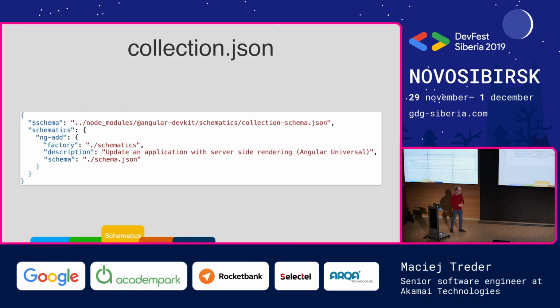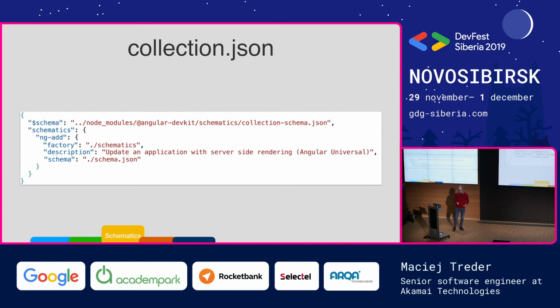This file combines together information about all the CLI commands which you take under consideration with your library as a library developer. So for example, we have an ng add here. Inside every object which represents a particular CLI command, we need to give information about at least one thing, which is a factory.